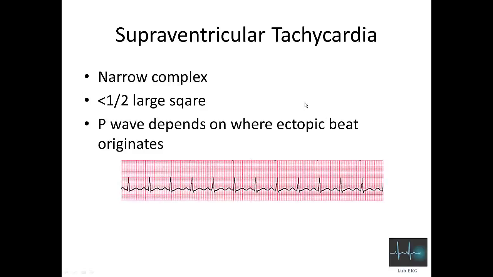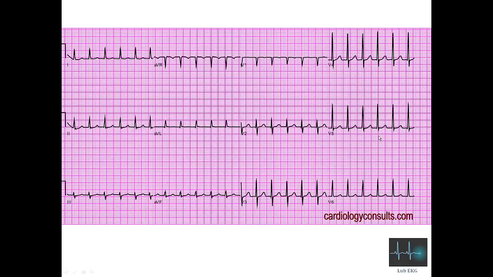This is a tachycardia. The reason why we know it's supraventricular is because of the width of the QRS complexes. And as you can see, we have P, QRS, T, P, QRS, T. Here's another example.